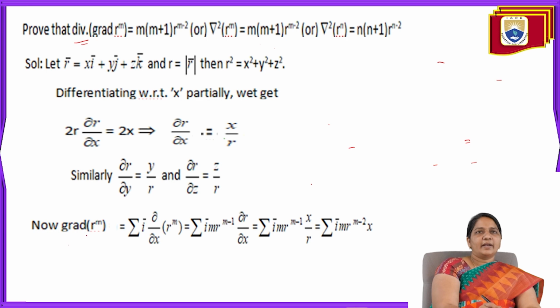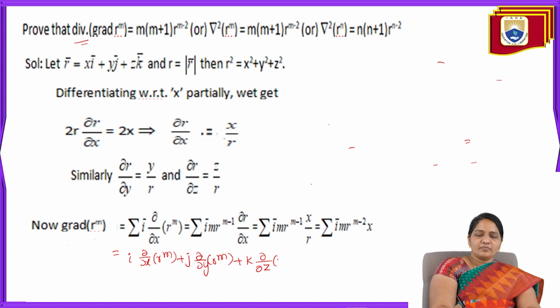So see here, grad r^m is i ∂/∂x of r^m plus j ∂/∂y of r^m plus k ∂/∂z of r^m. So here i into ∂/∂x of r^m means the differentiation is m r^(m-1) with respect to r, right? So this value is ∂r/∂x.